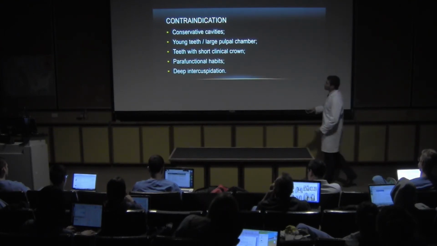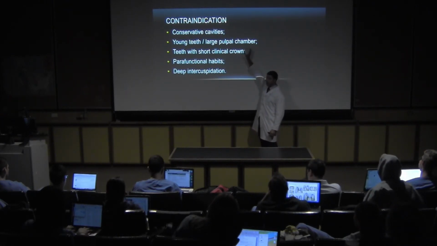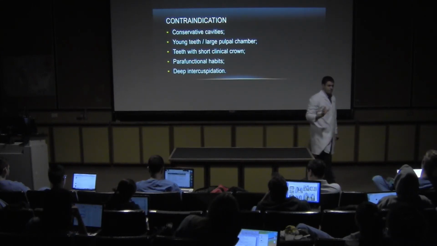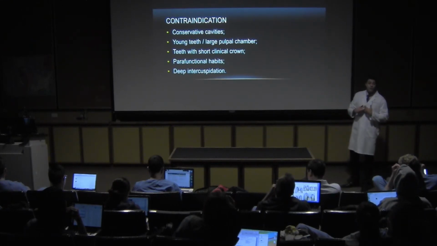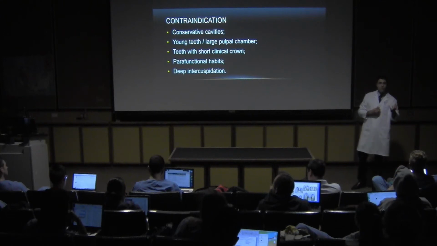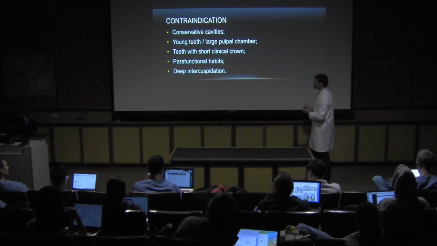Teeth with short clinical crown, the same thing. We need to see how big the pulpal chamber is. Okay, because with a short clinical crown, if we do not wear and prep the tooth the right way, the material, the ceramic, is brittle, so it could fracture.